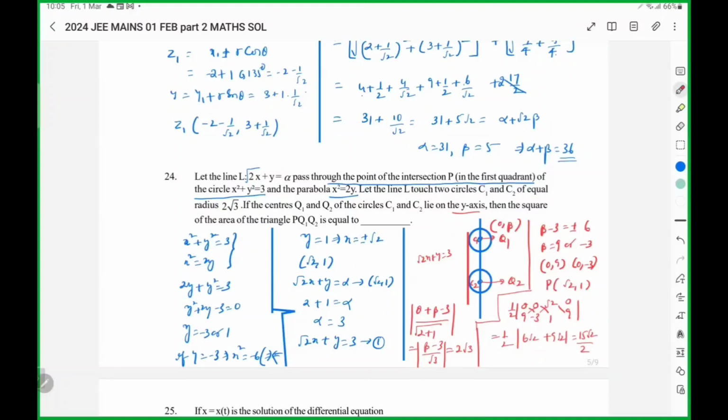So this will be the area. He is asking the square of the area. So that is what you get here, 225 into 2 by 4, 225 by 2.